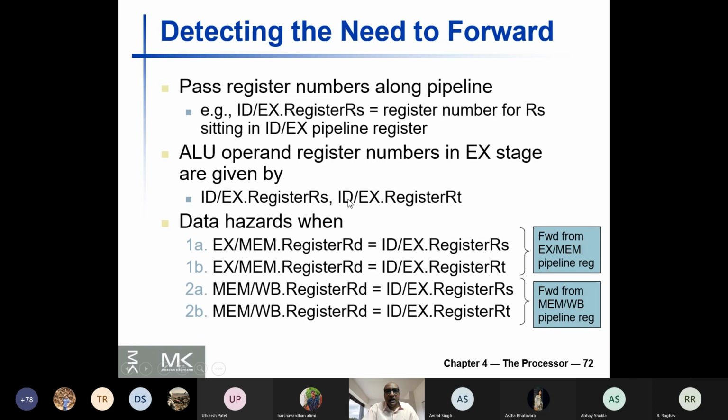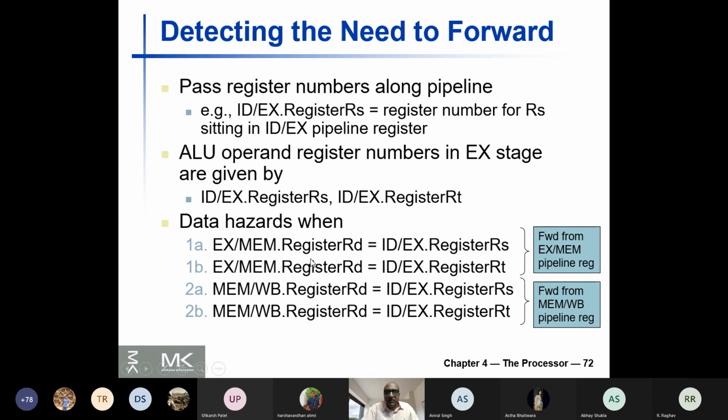Now we need to check in which cases data hazards will happen. Look at this: ID/EX.RegisterRS or ID/EX.RegisterRT are the two register operands required for execution in the third stage.